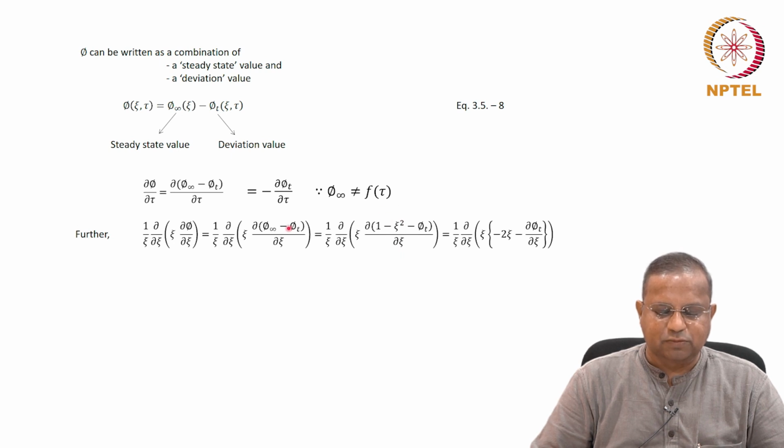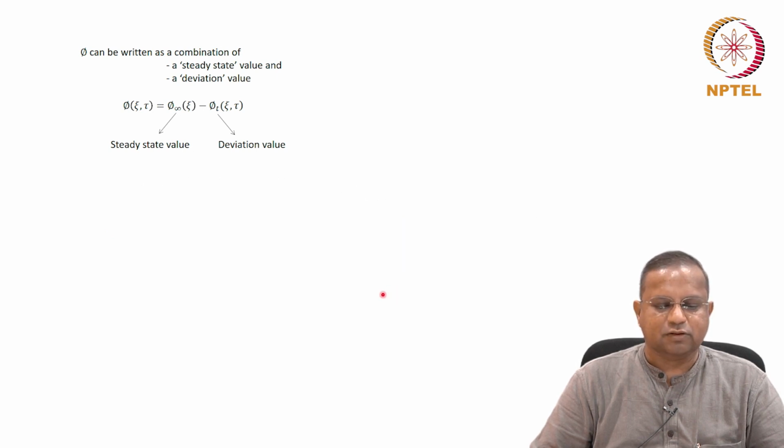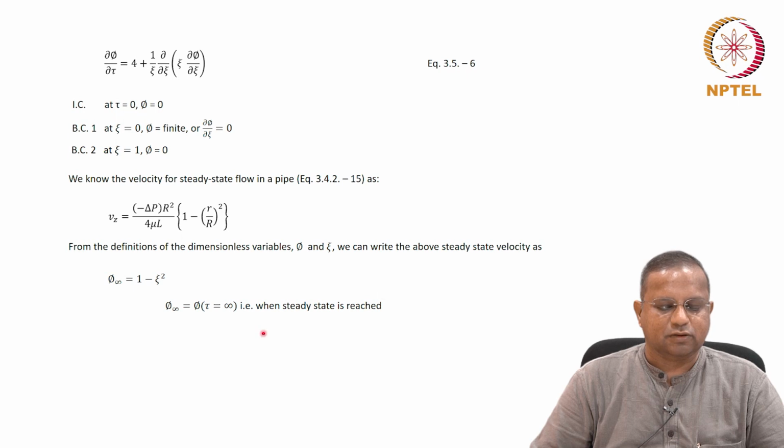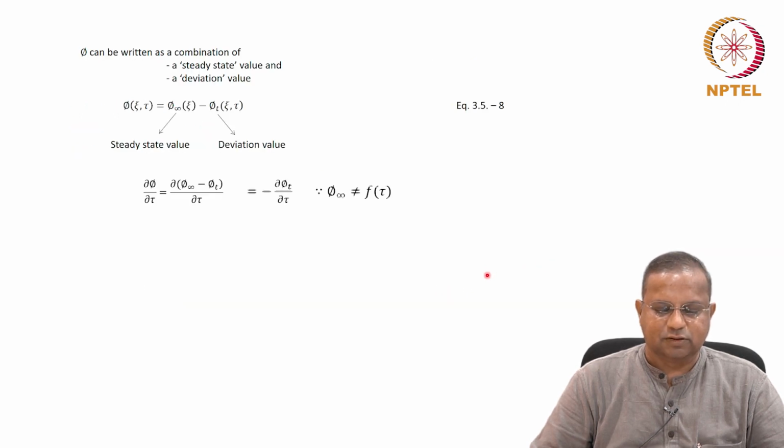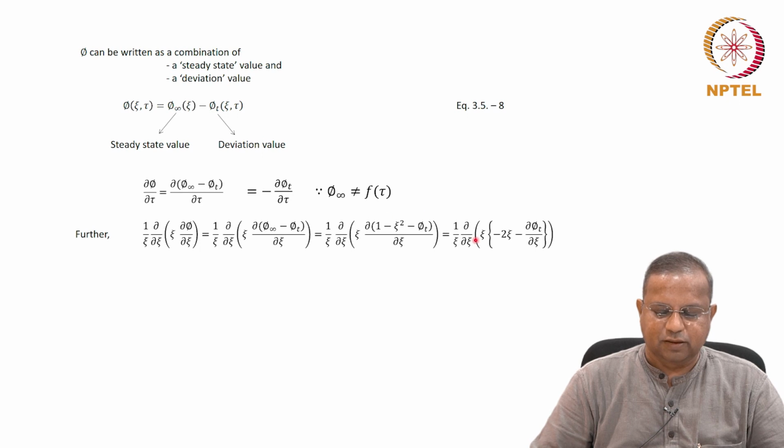In terms of the non-dimensional variables, phi infinity is 1 minus xi squared. I think that we already saw here, right? Yeah, phi infinity is 1 minus xi squared. Okay, this is what we are using there, equation 3.5-7.